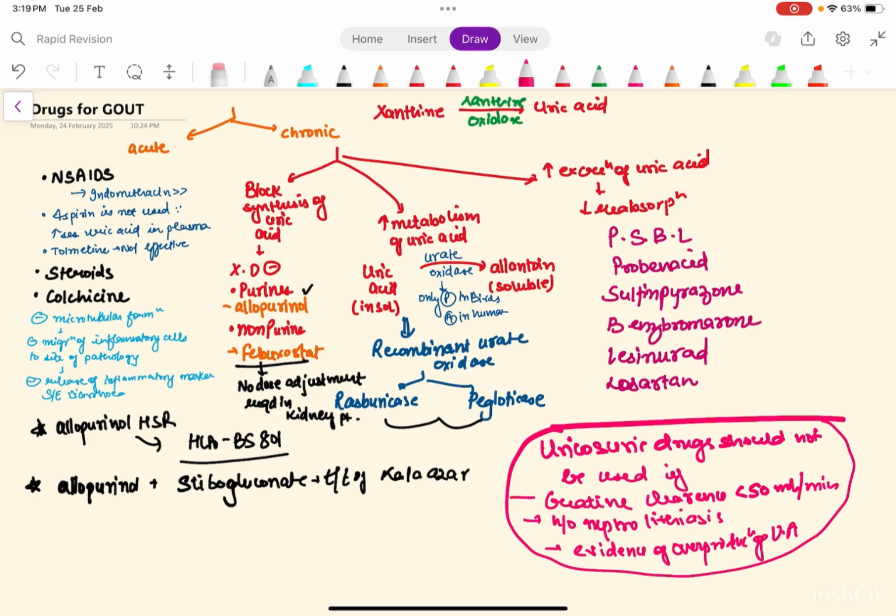So these are the drugs that are used for this gout.